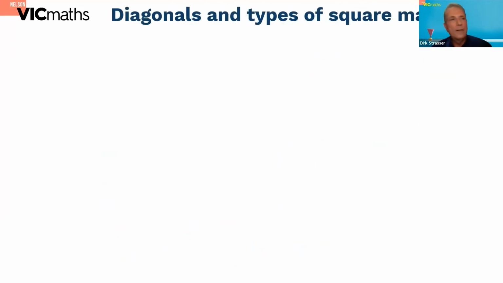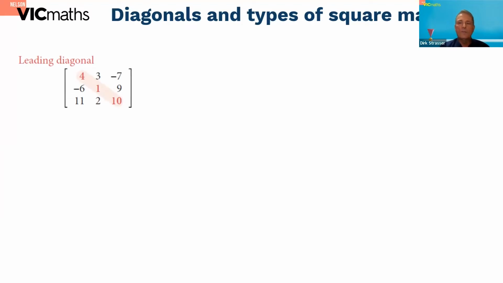Another list of definitions of matrices, which are important. They're the basis of what you work with. They're to do with diagonals, and you really need to know your diagonals for this, and also they're all square matrices. Now, the definition of a leading diagonal is the diagonal that goes from the top left to the bottom right.